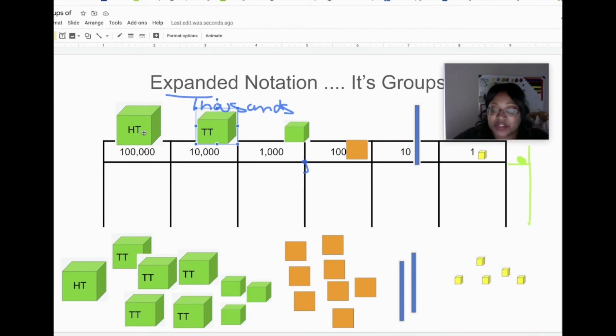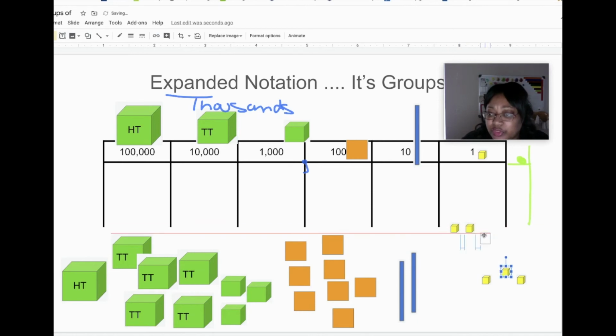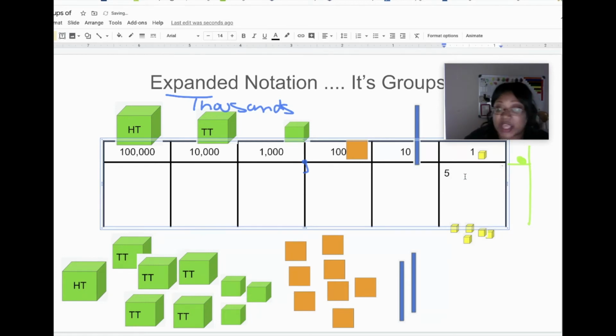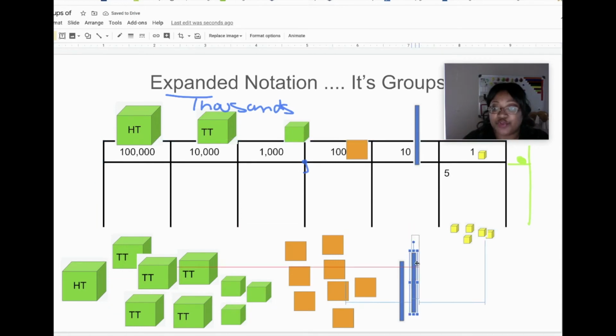All right. So now we have to determine how many groups of ones do we have. Do you remember how to do that? We have 1, 2, 3, 4, 5. We have 5 groups of 1. How many groups of 10 do we have? 1, 2.